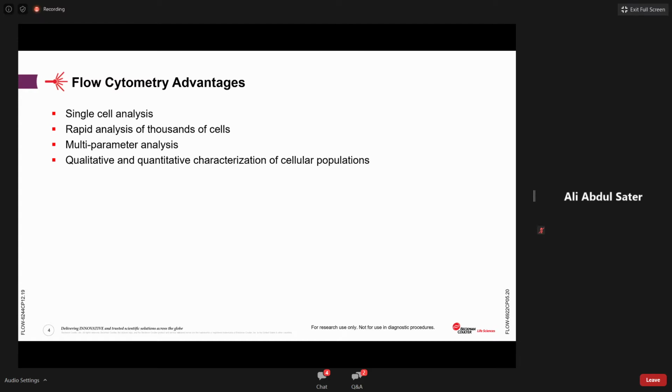Well, similarly to fluorescent microscopy, you can study multiple parameters at a time for each cell: expression of multiple biomarkers, granularity, and size. Also, like microscopy, and unlike plate reader technology, it allows you to analyze each cell individually with great sensitivity. Unlike microscopy, it allows you to analyze tens of thousands of cells per second.